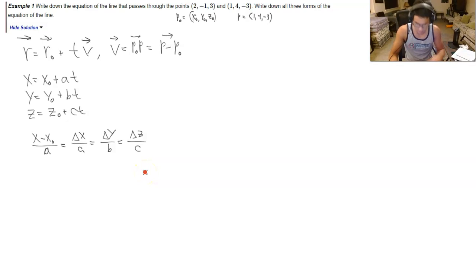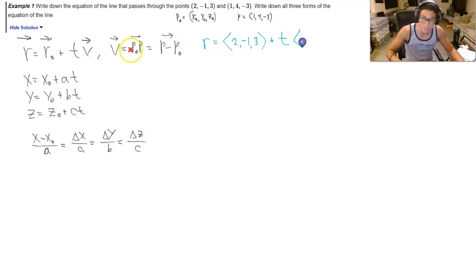Okay. Now let's write out this vector first. I'm going to do this in blue, over here. Okay, r is r. But what's r0? r0 is going to be this, but written as a vector. So 2, -1, 3. And then v is going to be p minus p0.